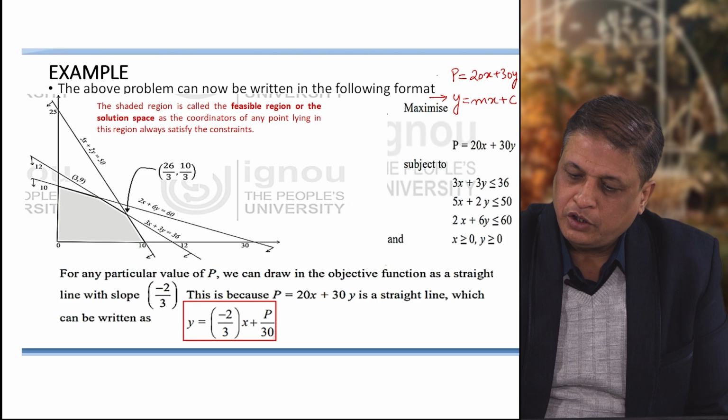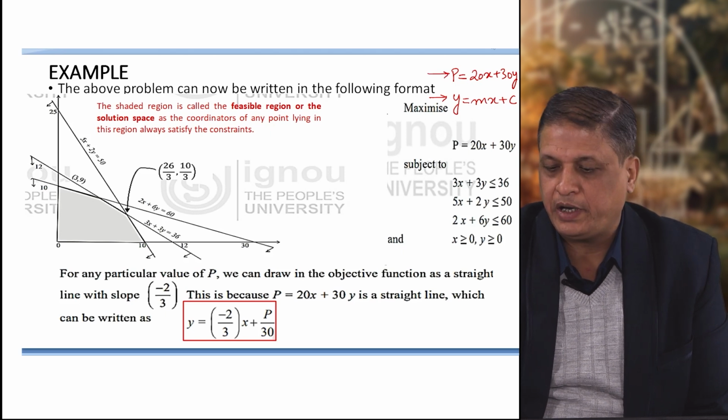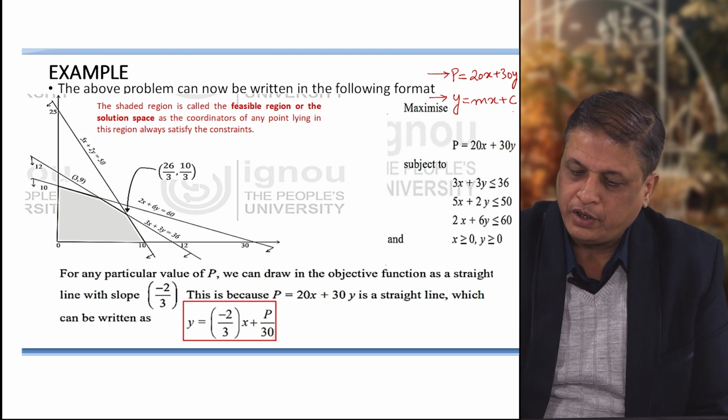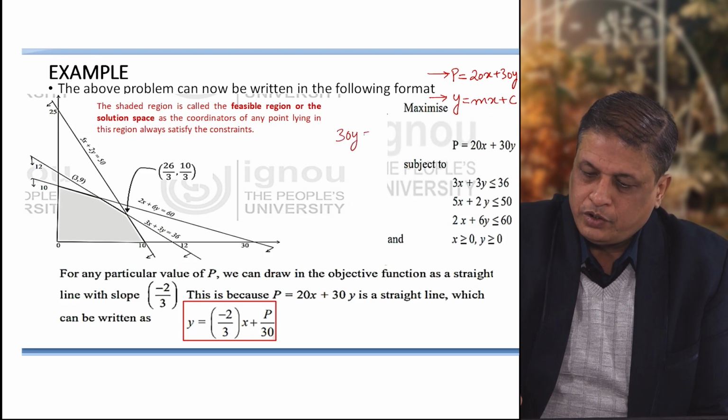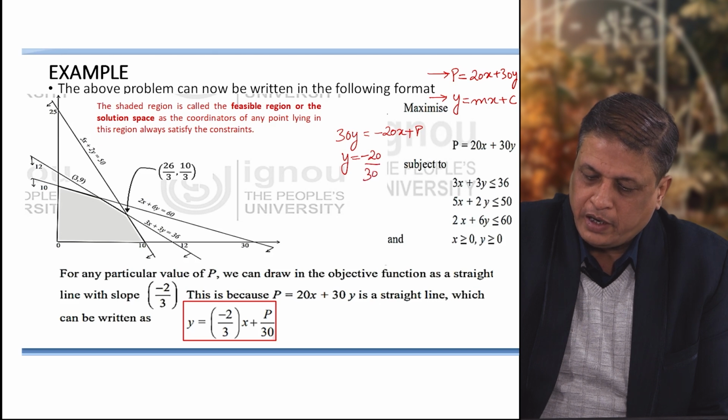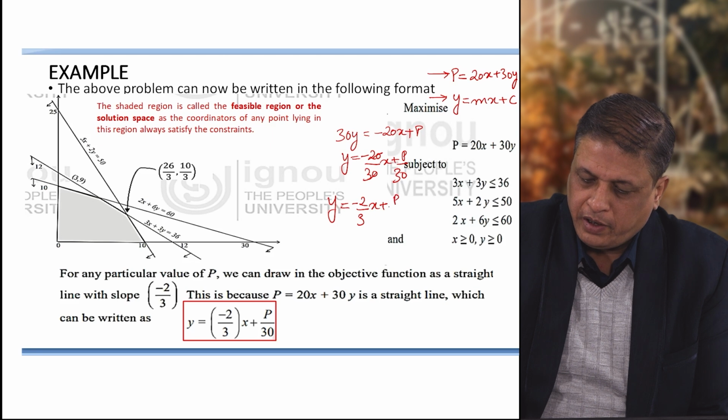So, rearranging the objective function P is equal to 20x plus 30y, you can say that 30y is equal to minus 20x plus P, or y is equal to minus 20 by 30x plus P by 30. So, that is y is equal to minus 2 by 3x plus P by 30.